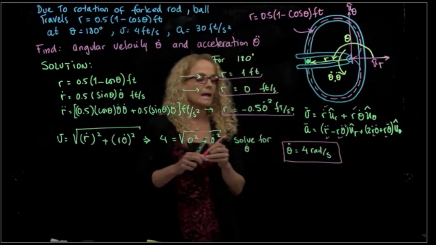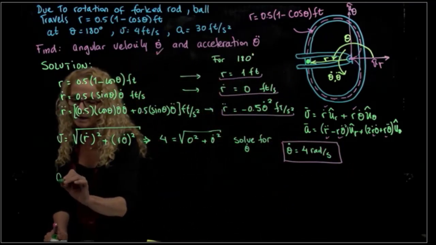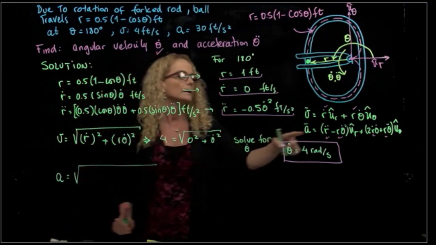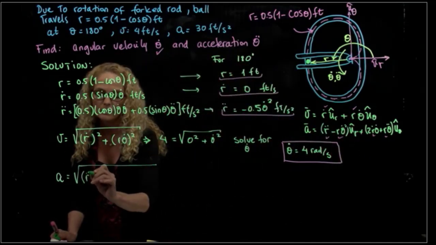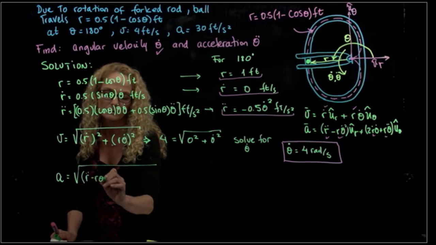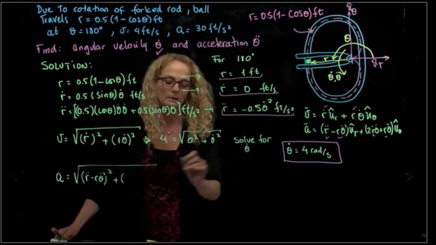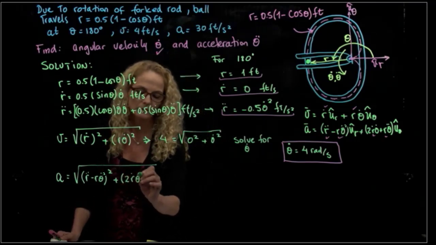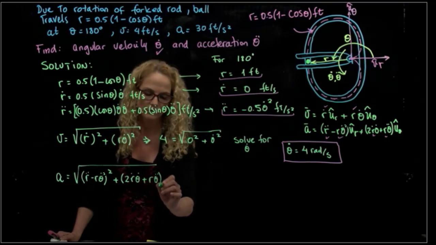And we do the same to find the angular acceleration. The magnitude of the acceleration will be the square root of its components squared. Since the components are those ones, we will have (r double dot minus r theta dot squared) squared plus (2 r dot theta dot plus r theta double dot) squared.